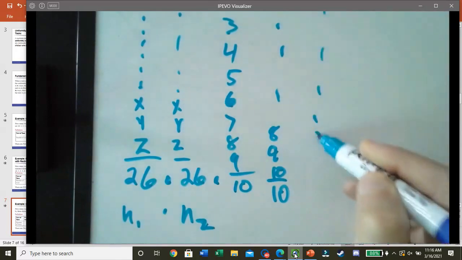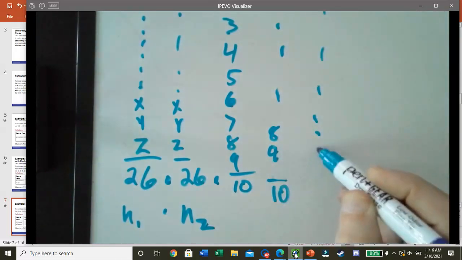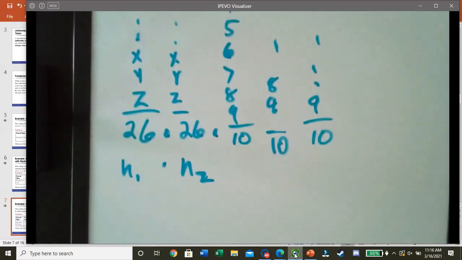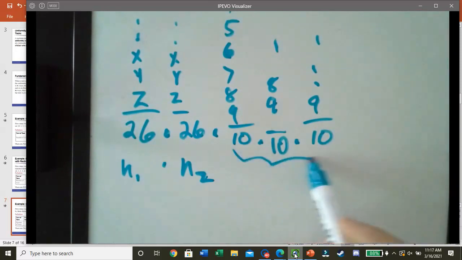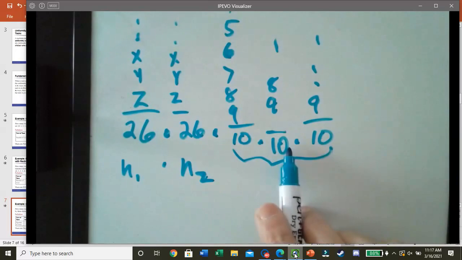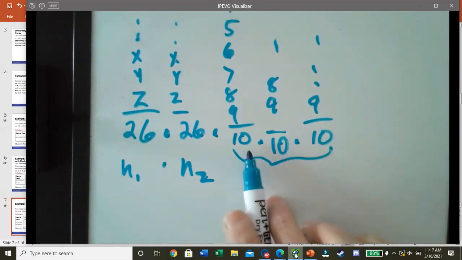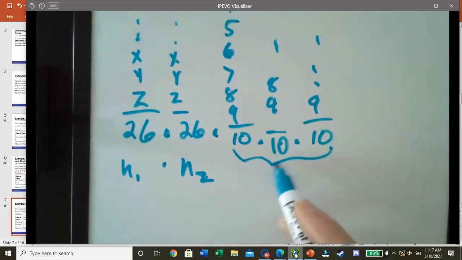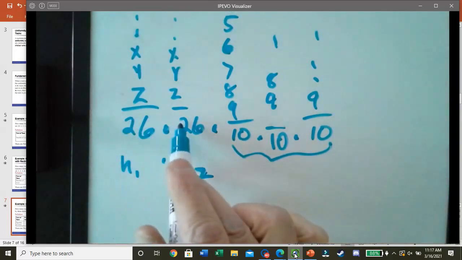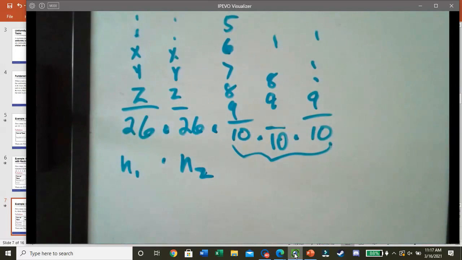Again, 0 through 9, so that's 10. So right here, 10 times 10 times 10. Well, 10 times 10 is 100. 100 times 10 is 1,000, right? So we're talking about 26 times 26 times 1,000.